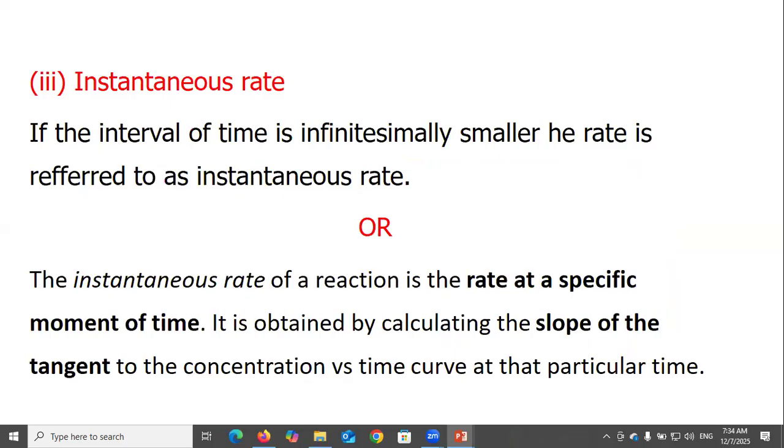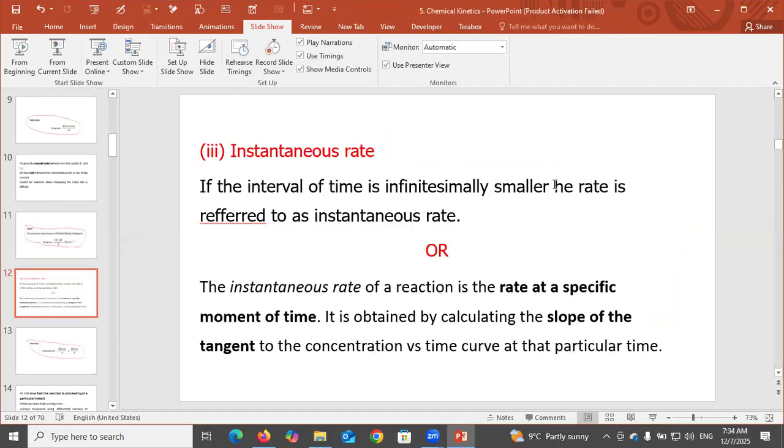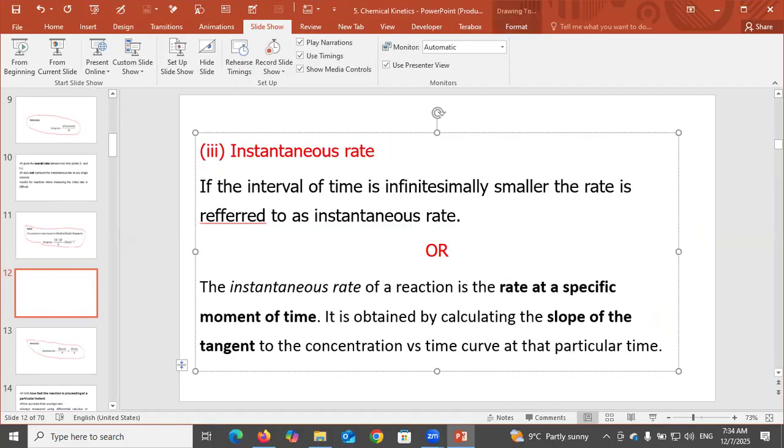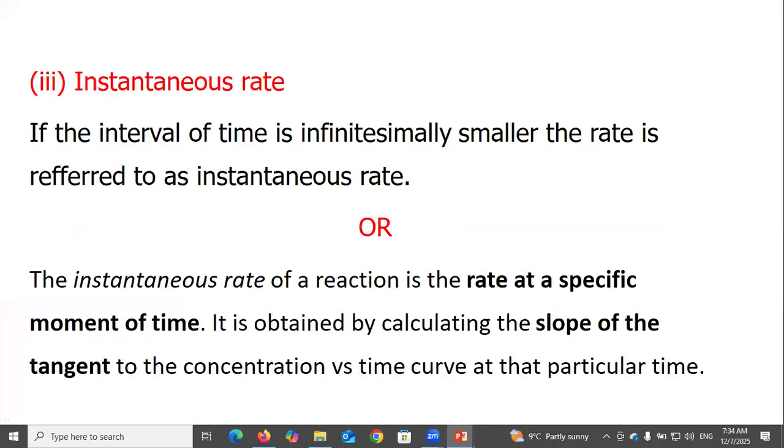Instantaneous rate. If the interval of time is infinitesimally small, the rate is referred to as instantaneous rate, or the instantaneous rate of the reaction is the rate at a specific moment of time.